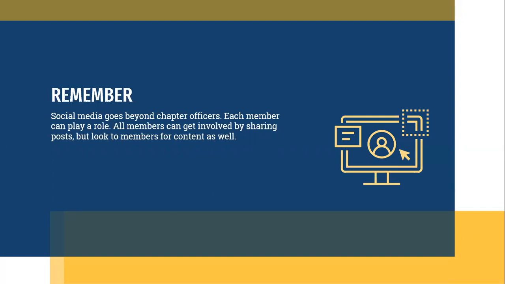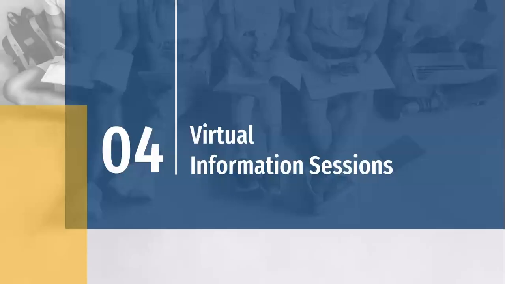Look to members for content as well. You can get outside of your own creative box to tune into the ideas of members that may have something super innovative that gets you a lot of engagement. That can be really fun to hive mind and get a lot of ideas on the table to keep your content fresh.